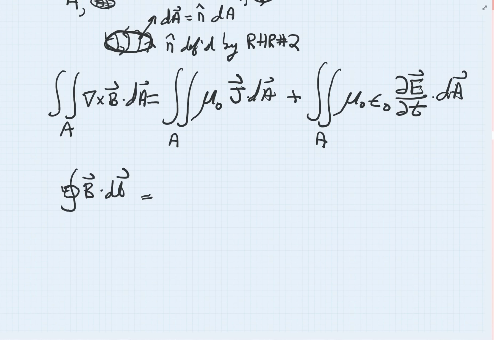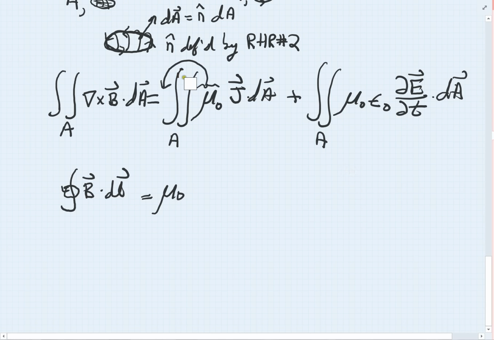Now this term is a very interesting structure as well. Mu naught is a constant, and so of course we can pull that out of the integral, so there'll be mu naught. What we are left with is the integral over the area A of just the current density J dot dA. But we know what that is.